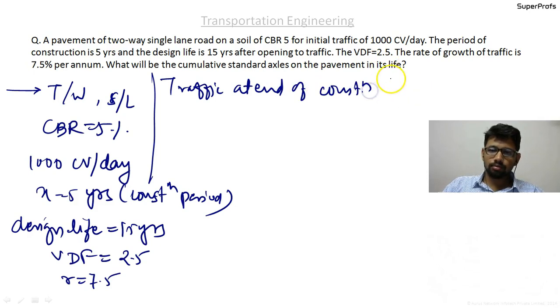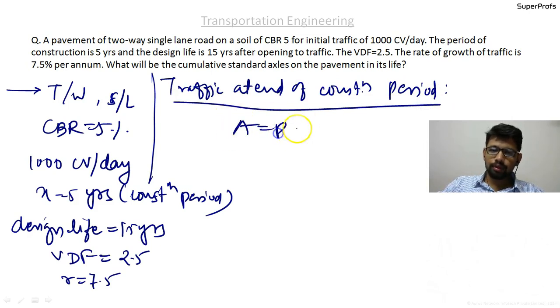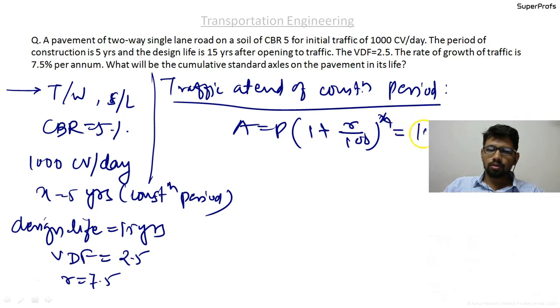That will be given as A = P(1 + r/100)^n, or say x or n, which is equal to 1000(1 + 7.5/100)^5, which is equal to 1435.62 commercial vehicles per day.